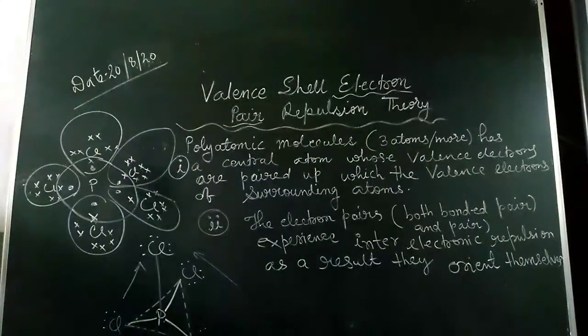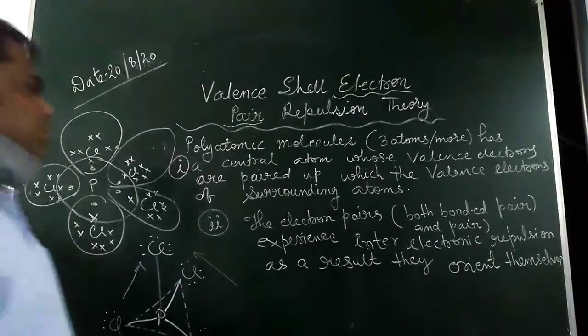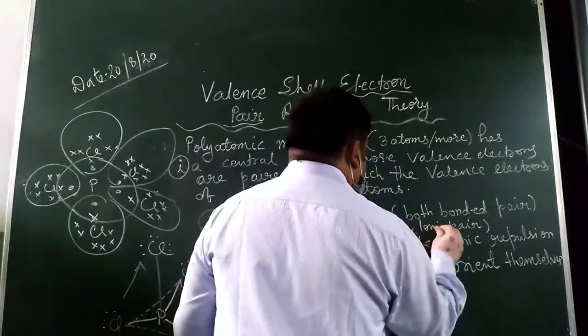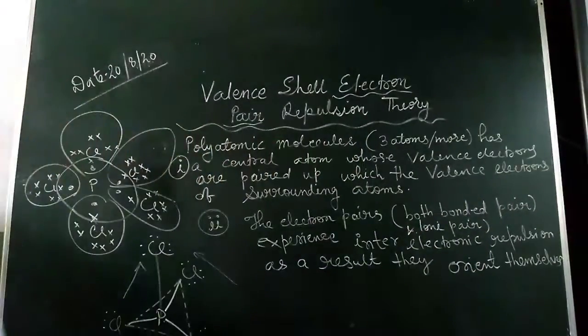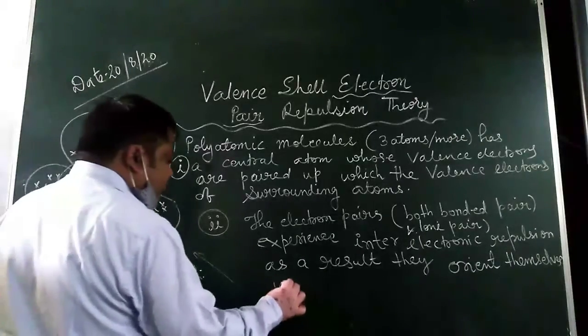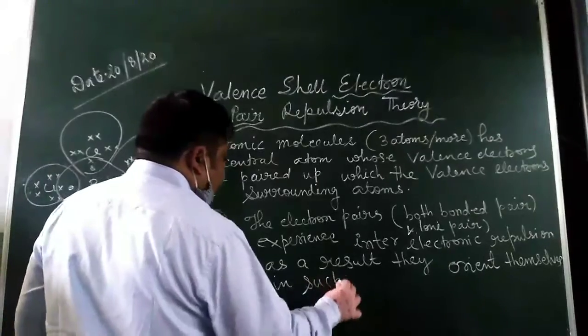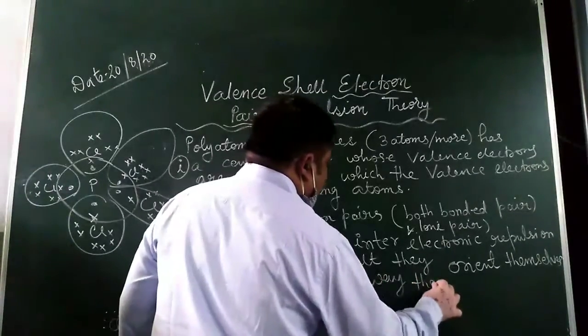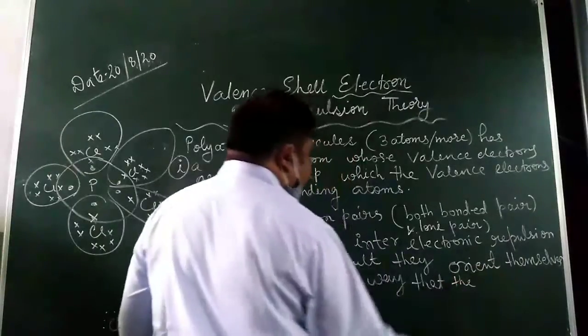The electron pairs, bonded pair and the lone pair, both experience inter-electronic repulsion. As a result, they orient themselves in such a way that the repulsion can be minimized.